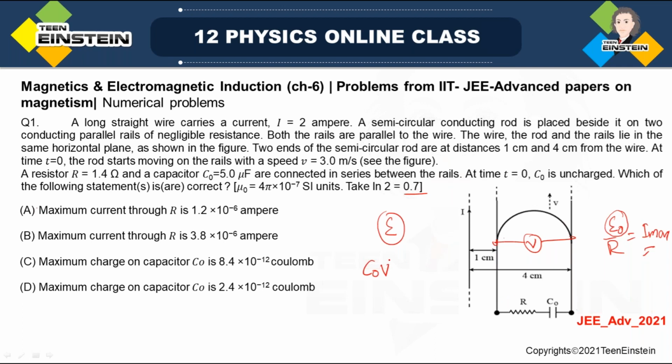In this case the potential difference is the EMF across these rails. If we can find that, then we will be able to find the maximum charge as well. So the main thing is to find the motional EMF. So how to find out motional EMF?